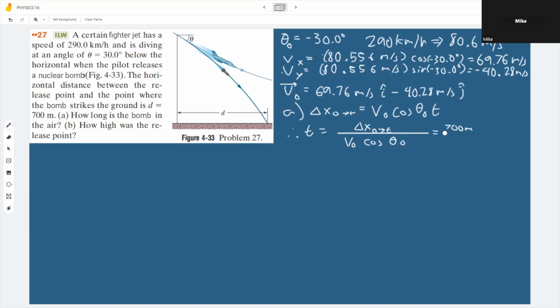Teka, hindi gagana yan. Bakit? Yung nagde-determine ng travel, yung X yung nagde-determine ng travel time. Kaya binigay naman 700. May binigay dito na strikes the graph.